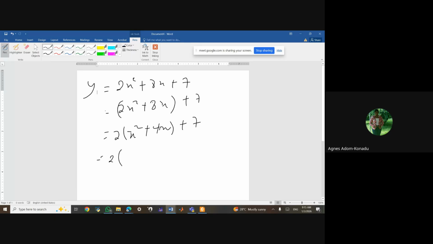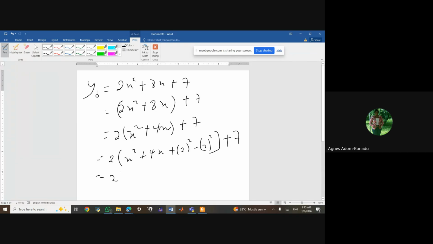So I still have my 2, x squared plus 4x. I will divide the 4 by 2, which is 2, so I add and subtract 2 squared. Then plus 7.